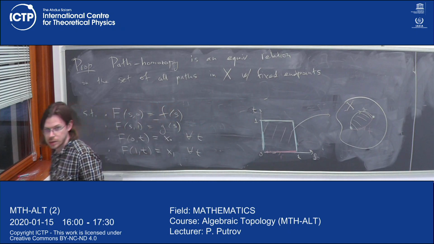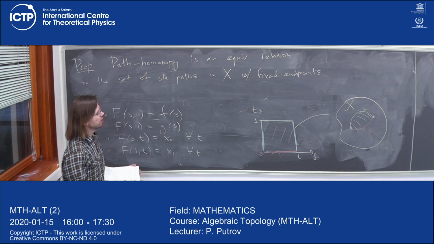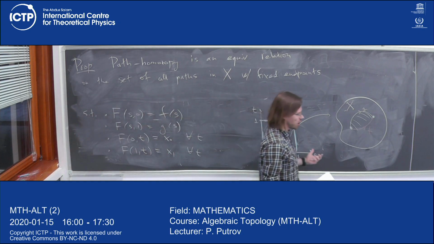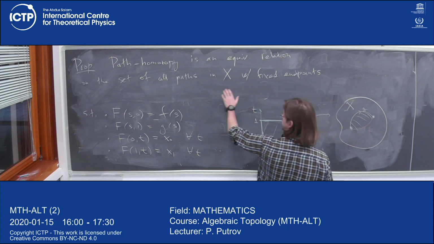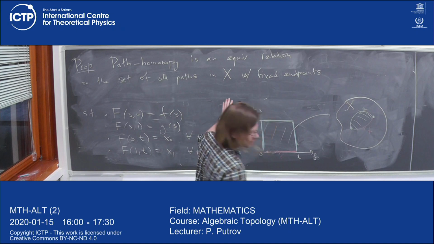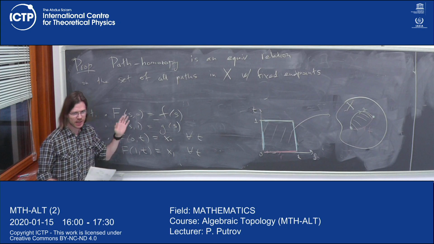But path homotopy is a particular example of a homotopy, so there's nothing to prove except that every path is path homotopic to itself. I'm not going to prove it. I just wanted to say that this is completely analogous.